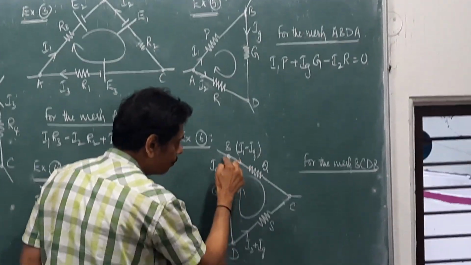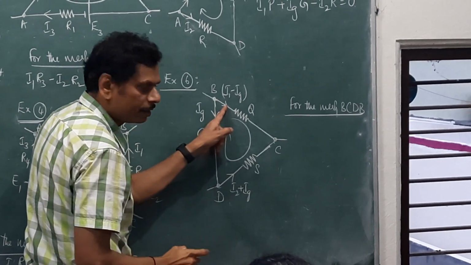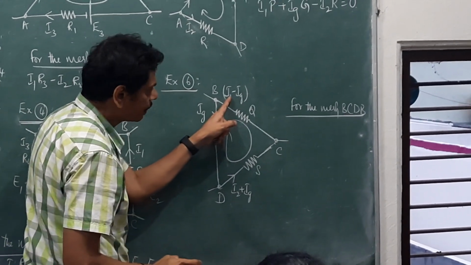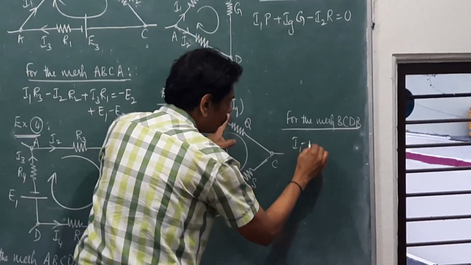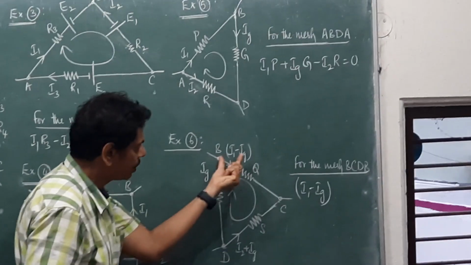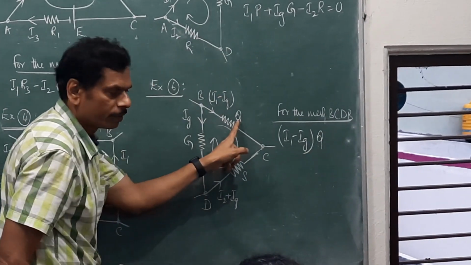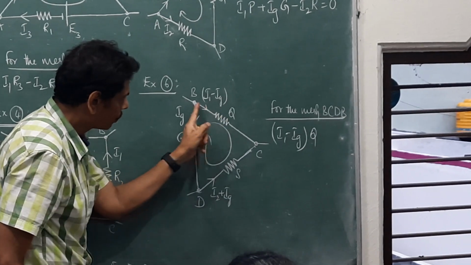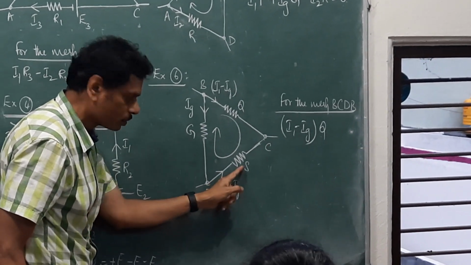For this mesh, BCDB mesh, I will start from here. Whatever the current is flowing is I1 minus Ig, I have chosen here. I1 minus Ig in brackets. That is a total I1 minus Ig current flowing through Q, into Q. This is the current that flows through here.